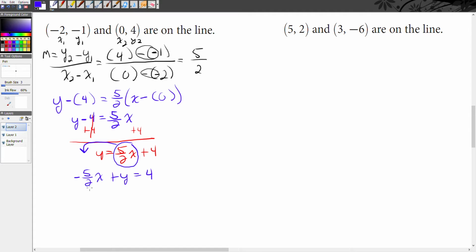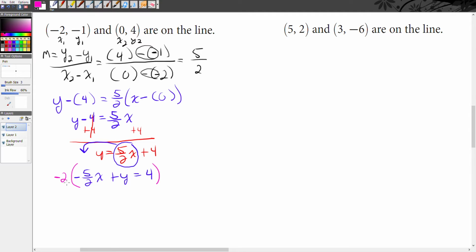Besides the fact that our a value is negative, it's also a fraction, and we don't want it to be a fraction. So, if you remember our lesson on eliminating fractions or clearing fractions, what we need to do is multiply this entire equation by the common denominator, which in this case is 2. And since we need to change this to positive, I'm going to multiply the entire equation by -2. So that'll take care of both at the same time.